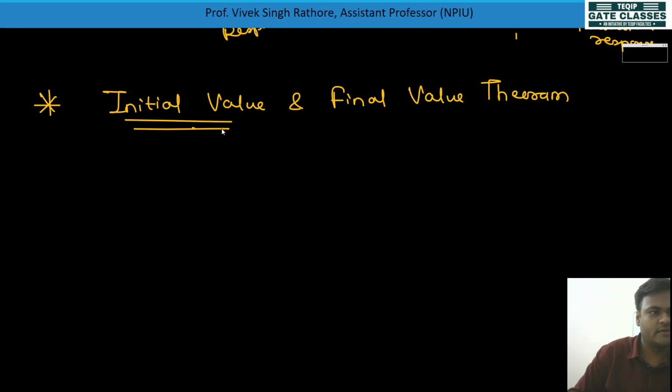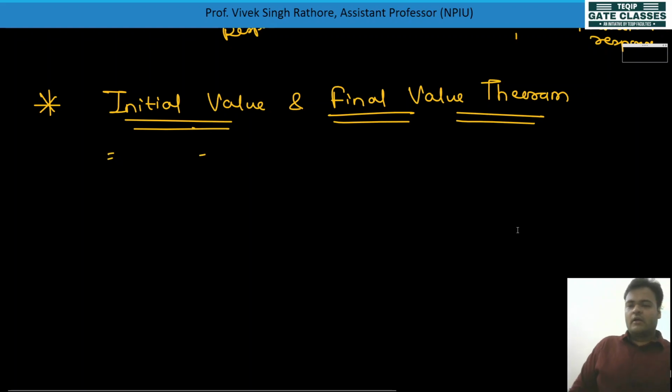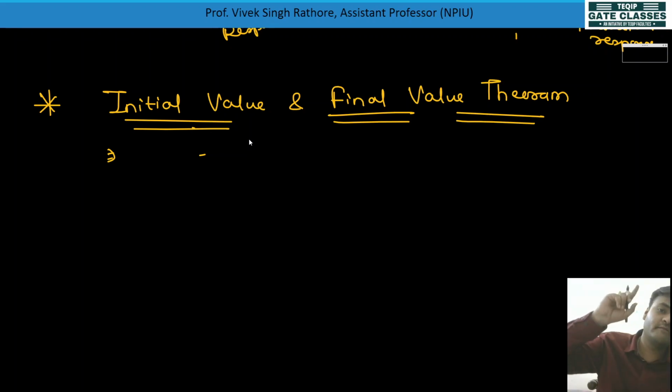First of all, I'll revise when in Laplace transform, how we have taken it. Initial value and final value is nothing but, in the time domain, what is the initial value and what is the final value. This is the initial value and final value theorem.